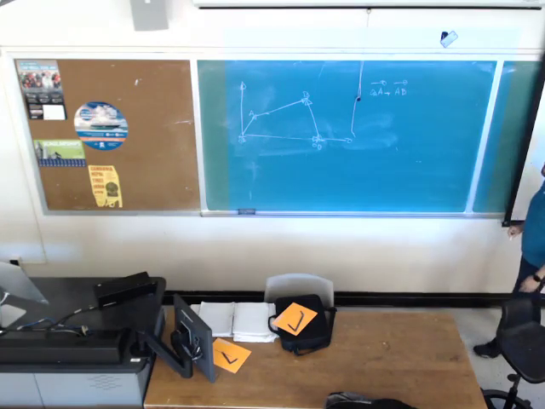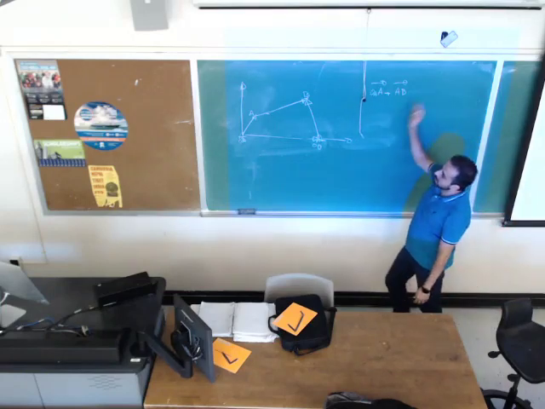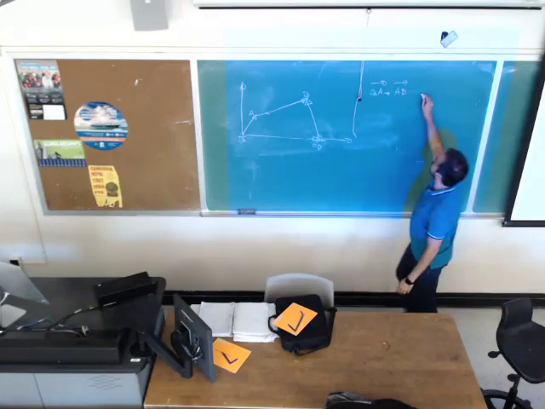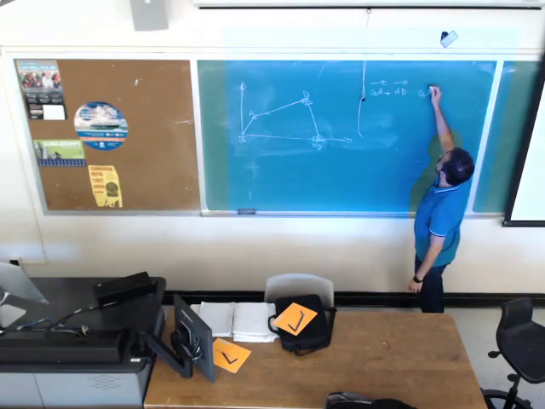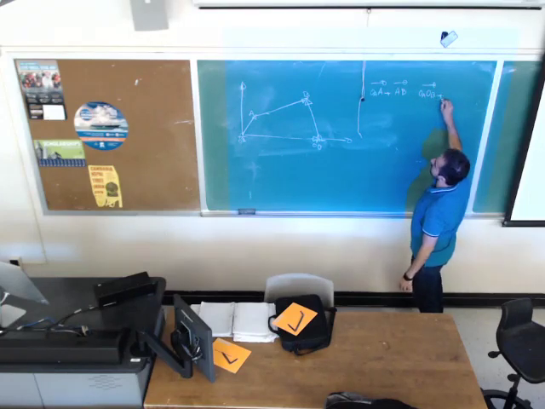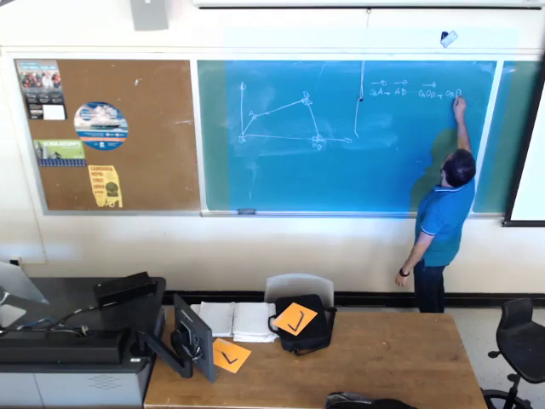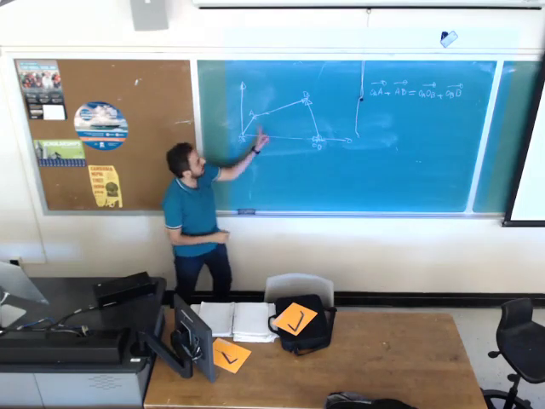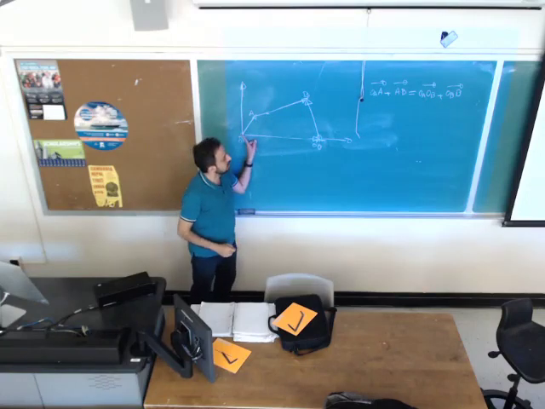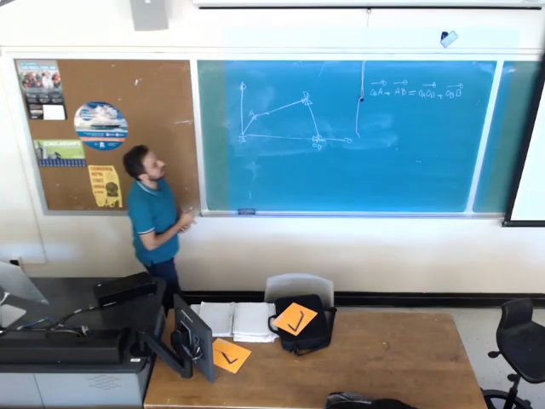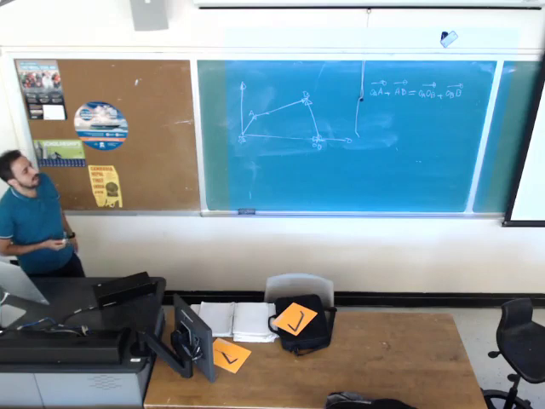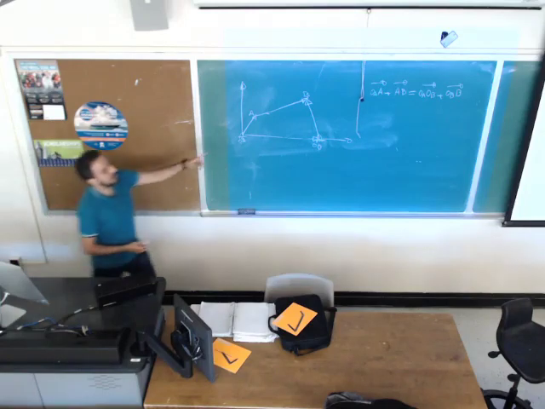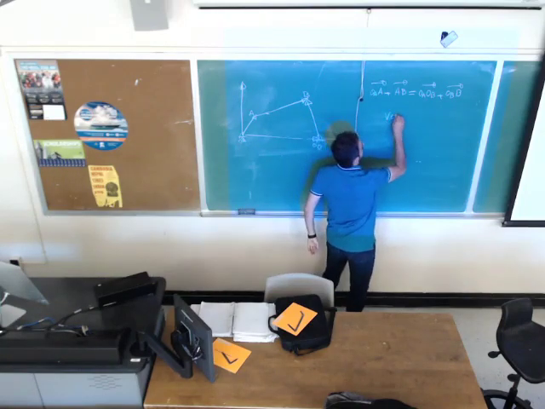On the other side, write OB plus BP. These two are equal to each other because the summation of these vectors is going to be equal to the summation of the other vectors. We call it the vector loop equation.